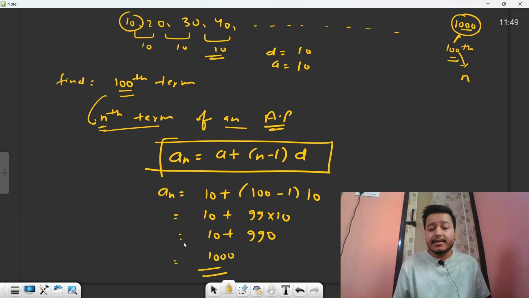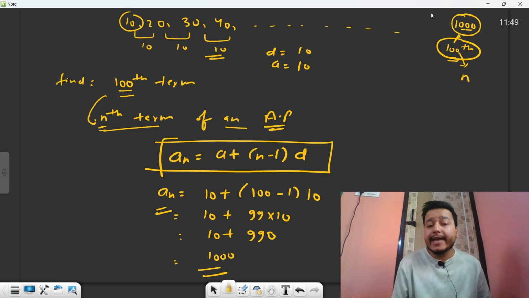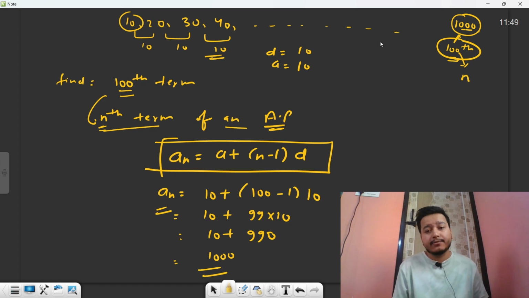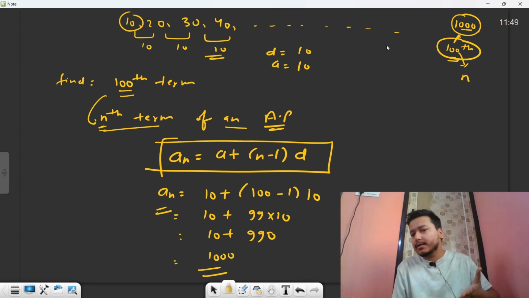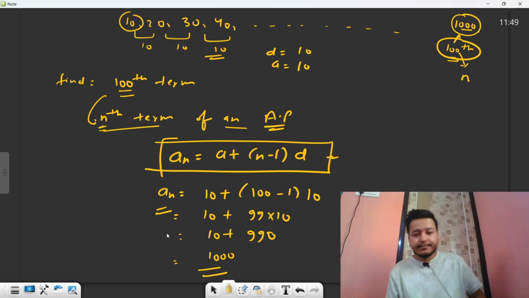So 1000 is an and the position of the term, 100, is n. This is how we calculate any term of an AP. If we have the first term and the difference, we can find any term. As we found the 100th term, we can also find the 50th term, 200th term, any term which we want to find. So this is the formula.